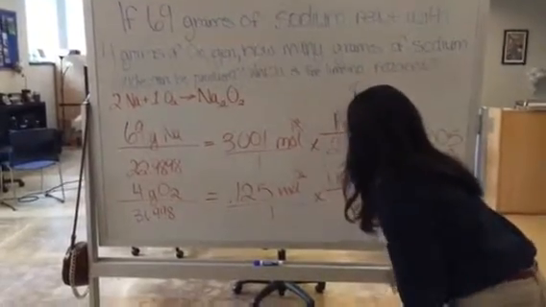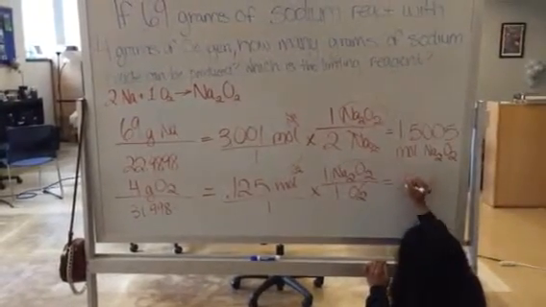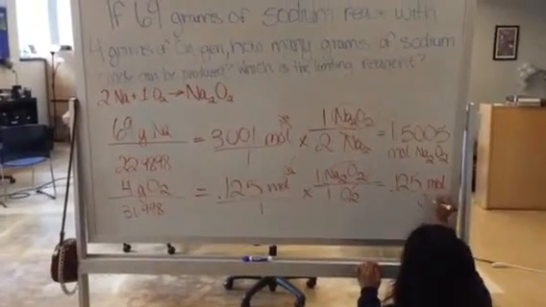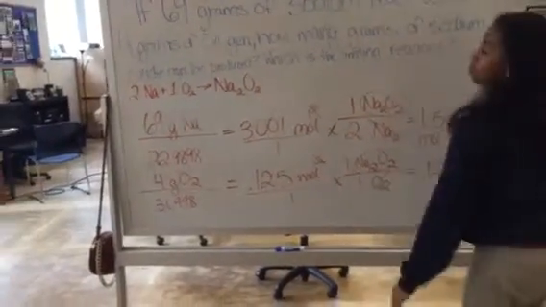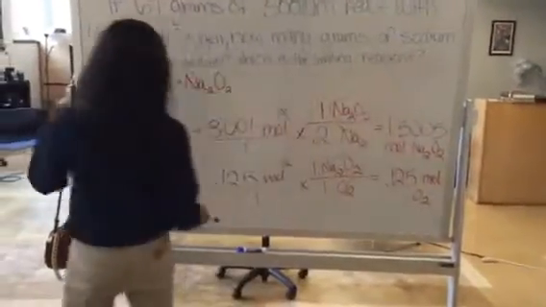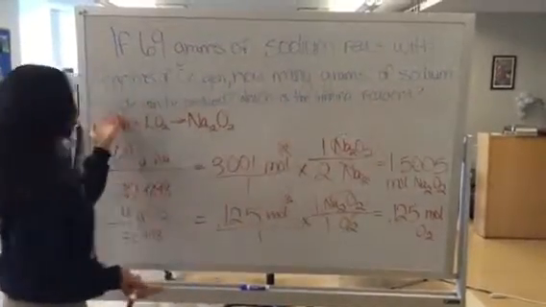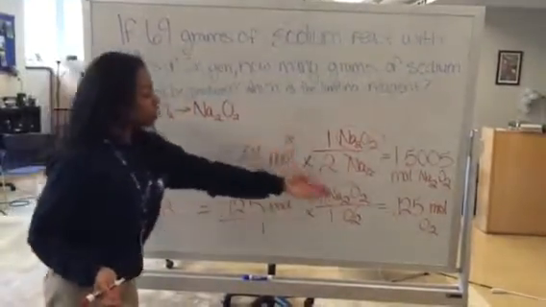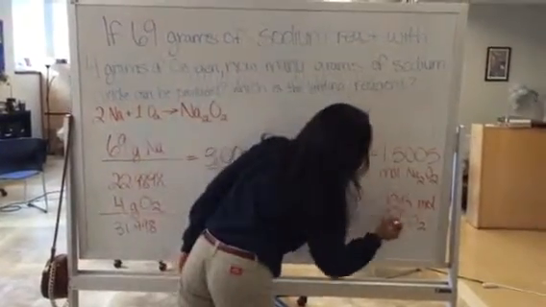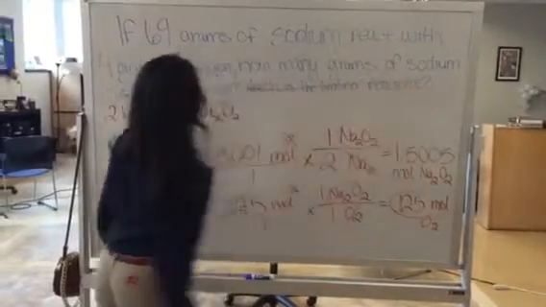Once you cross that out, that's what you're trying to get, you get 0.12 moles of Na2O2. Now, for our final step, we want to find how many grams of sodium oxide can be produced from our limiting reagent. Since this is a moles number, that's the answer to this question. So we're done with that.